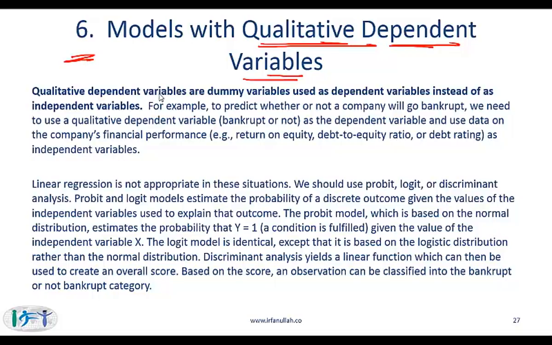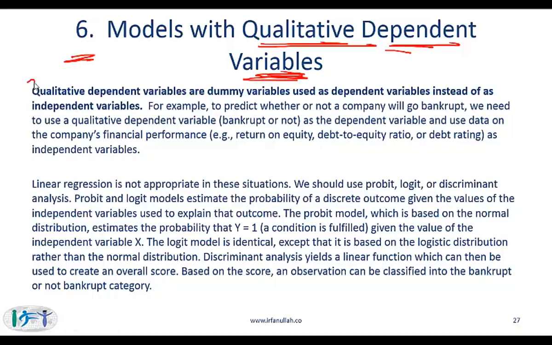Do you remember dummy variables? What were they? Dummy variables were independent variables which could take a value of 0, 1. Qualitative dependent variables are now on the dependent variable side. So this is where the dependent variable is 0 or 1.